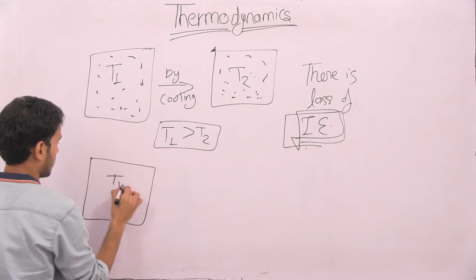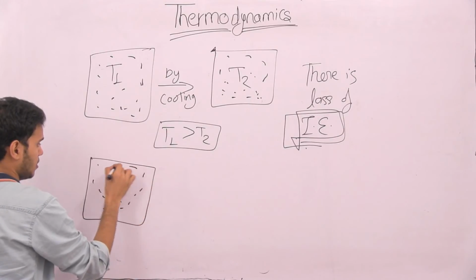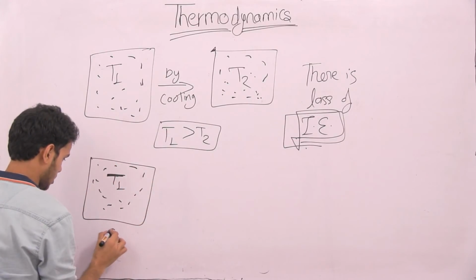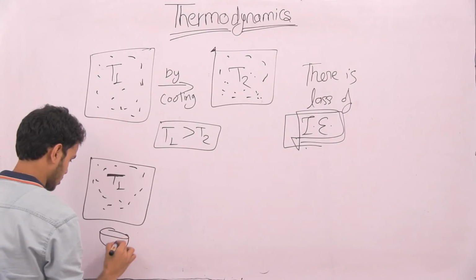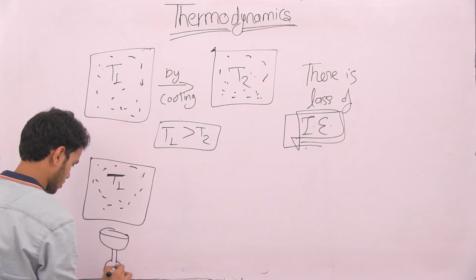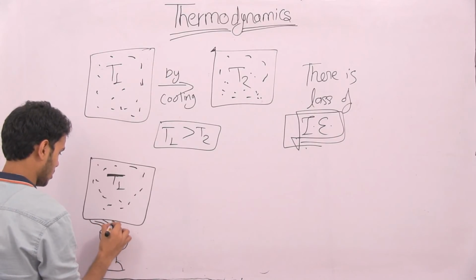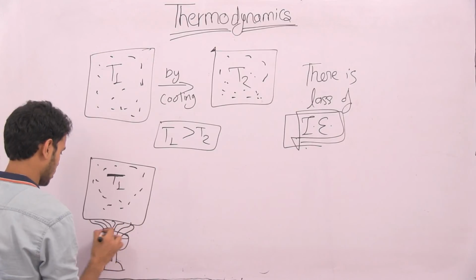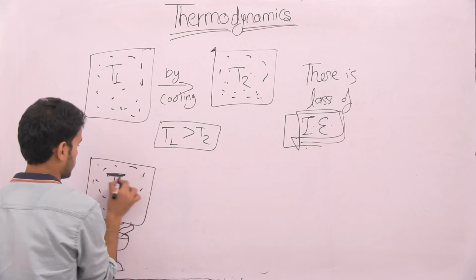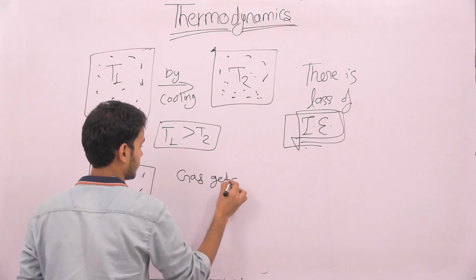If there is a gas at T1 temperature and there is a burner there, which supplies heat, so gas gets heated.